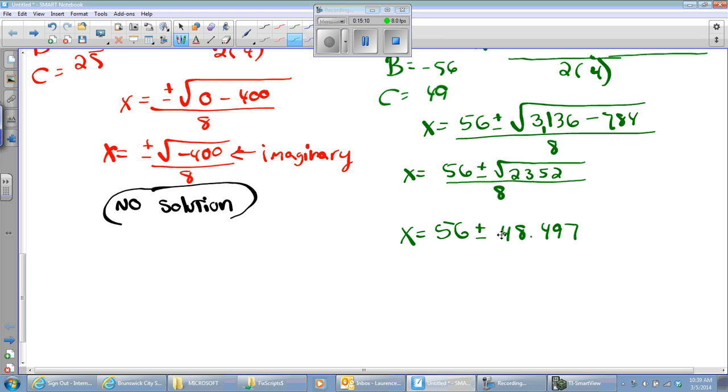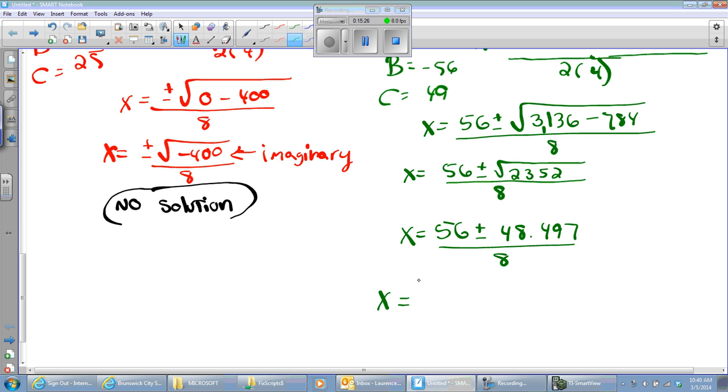48.497. I'm going to the thousandths place. Okay, and so I'm going to get two answers. X is going to equal 56 plus 48.497 divided by 8.